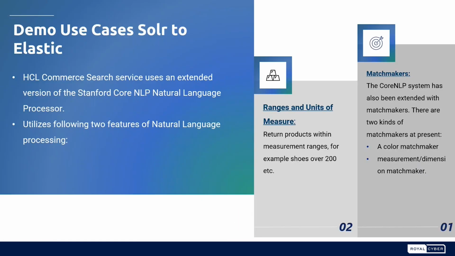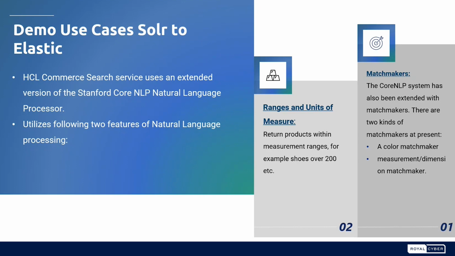The second set of matchmakers that is available is the measurement matchmaker. Measurements are useful for customers who are looking for a product with a particular characteristic. For example, suppose that a customer is looking for a laptop with long battery life.